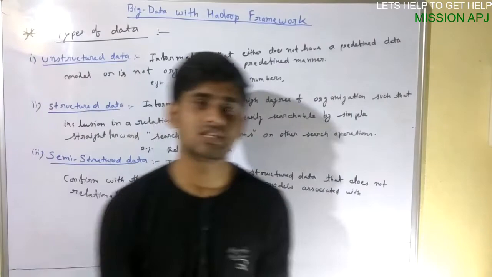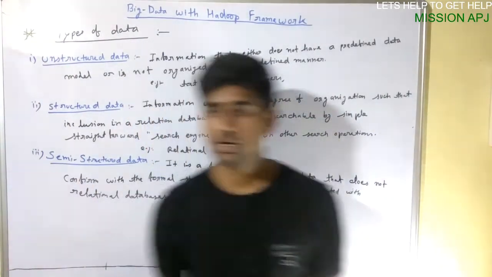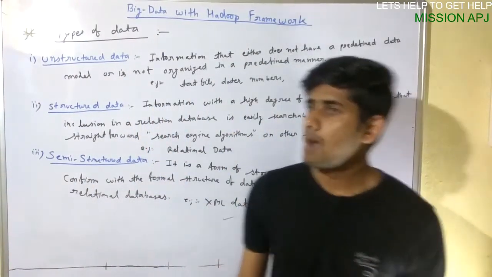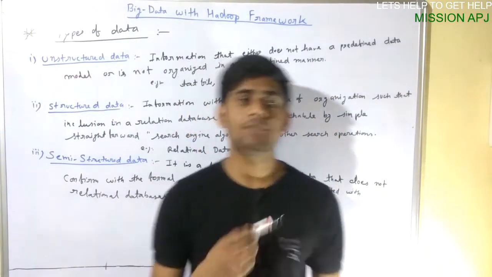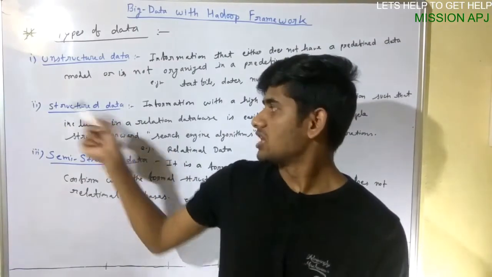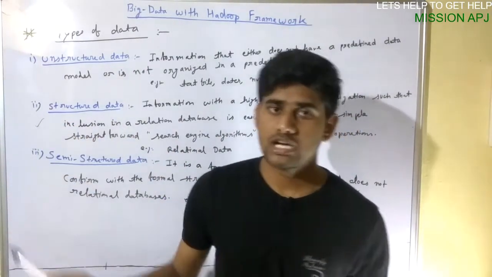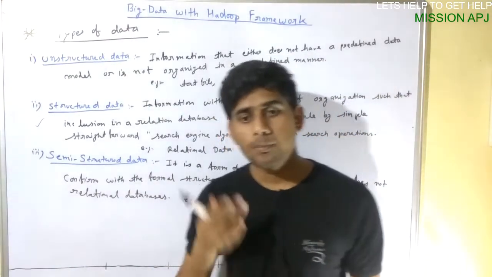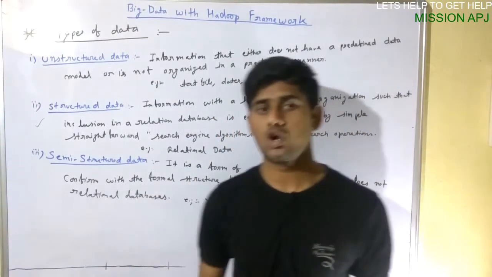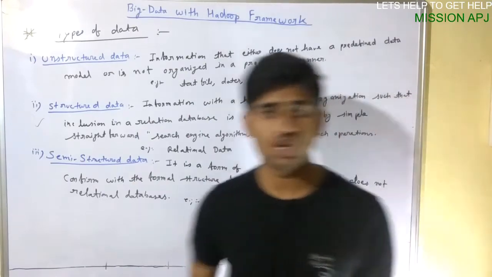Now why have we studied these three types of data? We have understood these three types of data, but in a traditional system like RDBMS, we were only able to deal with the structured data we were generating. We were storing the structured data, processing it and getting output. But nowadays not only structured data is generated.